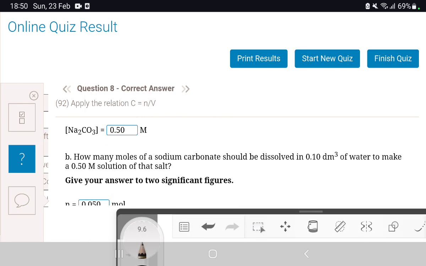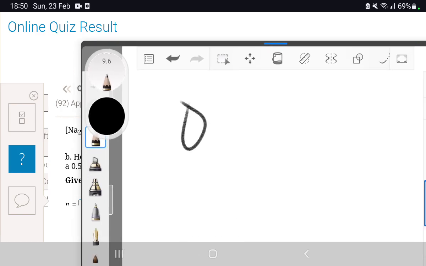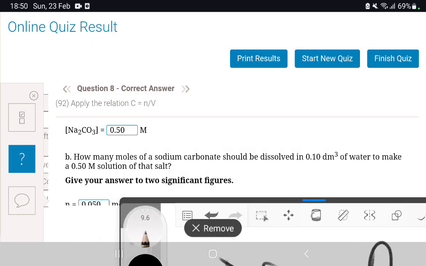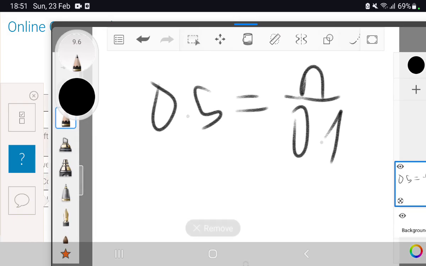Number 2. How many moles of sodium carbonate should be dissolved in 0.1 decimeter cube of water? Concentration is equal to moles, n, over volume, 0.1. If we cross multiply, we find out that the moles is equal to 0.05.